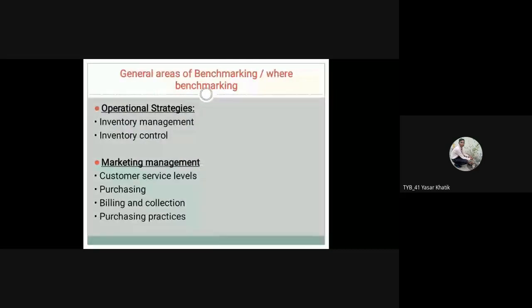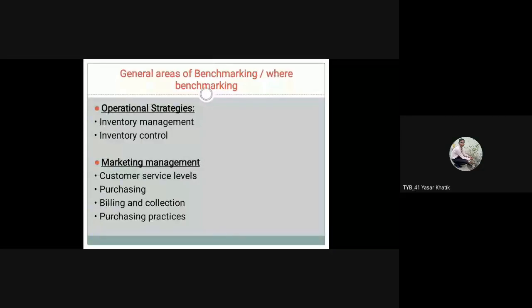If suppose that service has gone at some good level or not good level, that customer will give some feedback. So from that feedback set a new target, again a new standard for the next services, and you will try to do benchmarking here and try to achieve good service through this benchmarking.